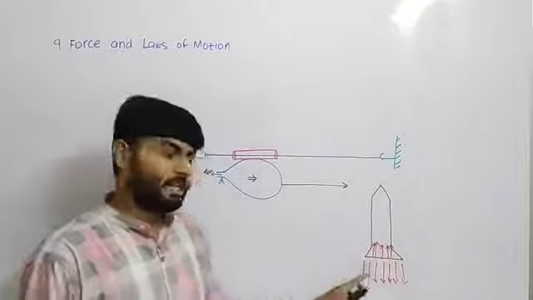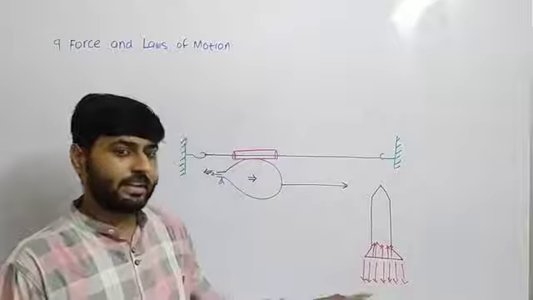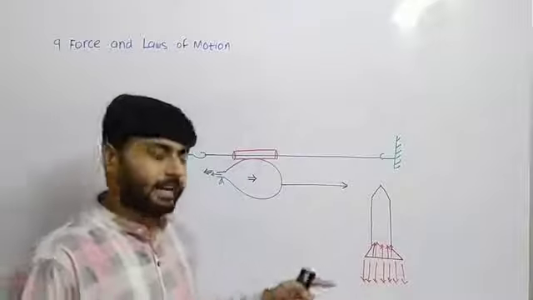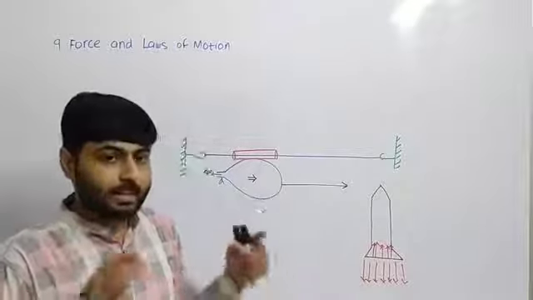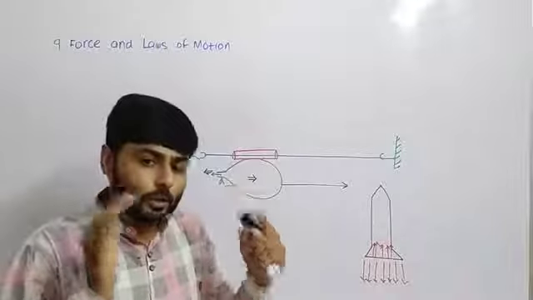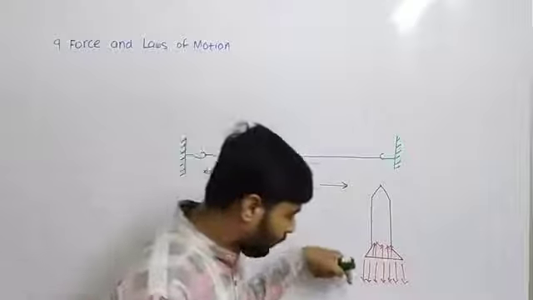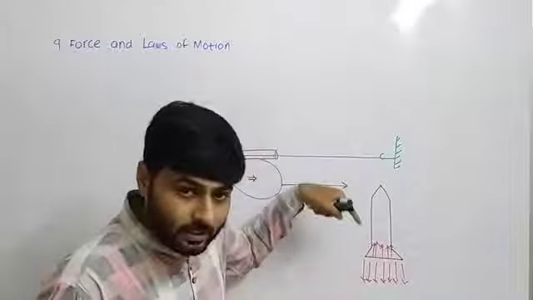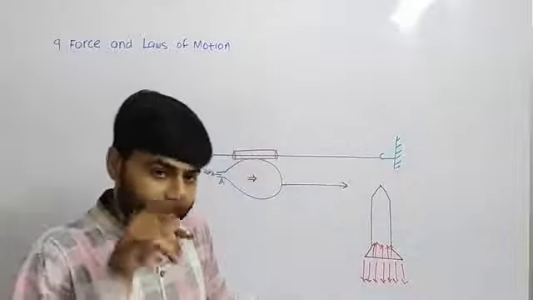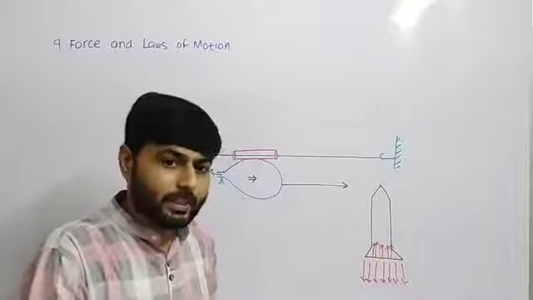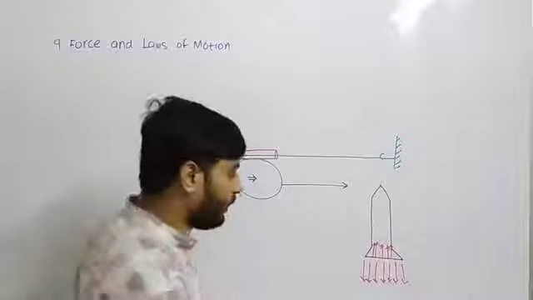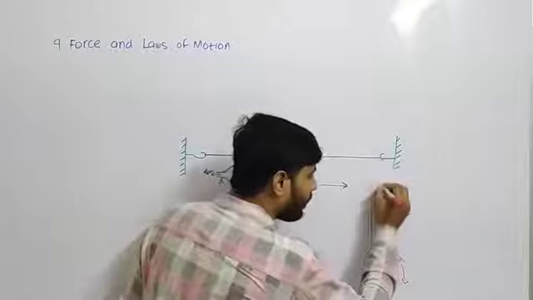So when this propulsion fuel gets fired, then a lot of smoke comes out with huge force and huge velocity. So the force acts in the downward direction. At that time, the opposite reactive force will be applied on the rocket.